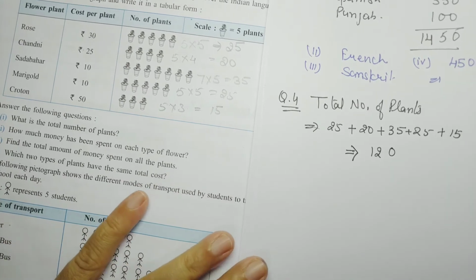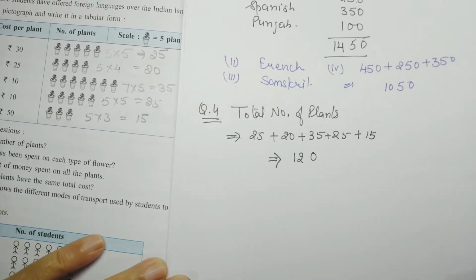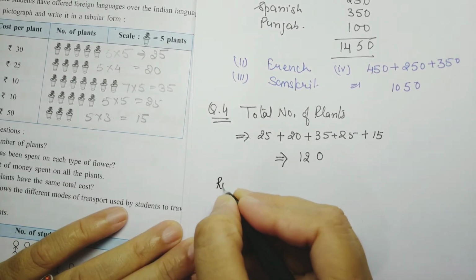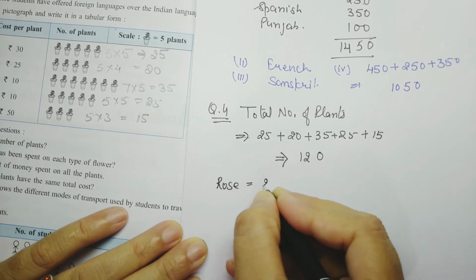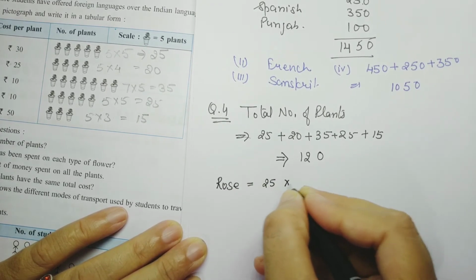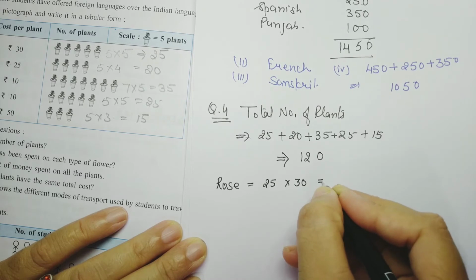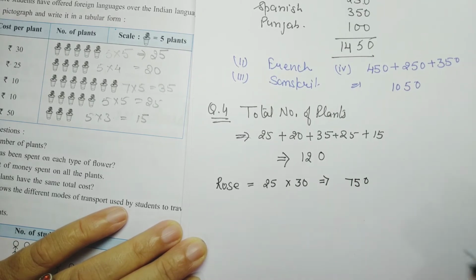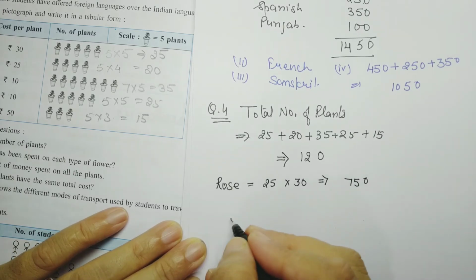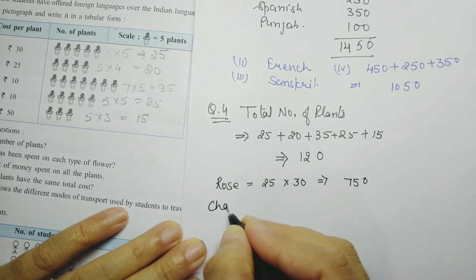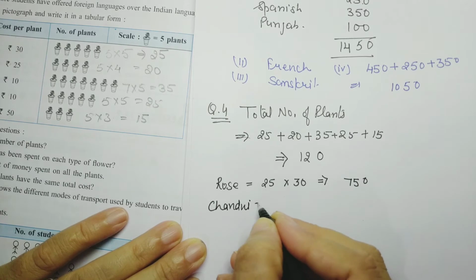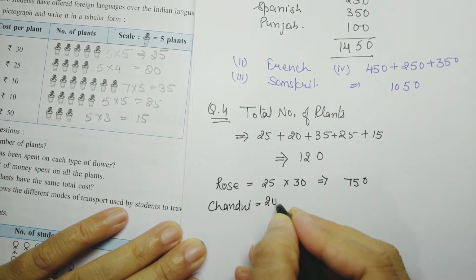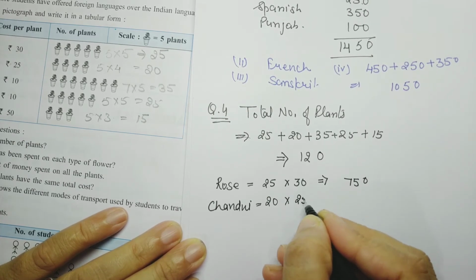Now the second question, how much money has been spent on each type of plant? So we have to find out the money for each plant separately. First plant is rose, and rose plants are 25. One plant cost is rupees 30. So 25 multiplied by 30, that means 750 rupees. Second plant is Chandani, that is 20 plants and each plant cost is rupees 25.